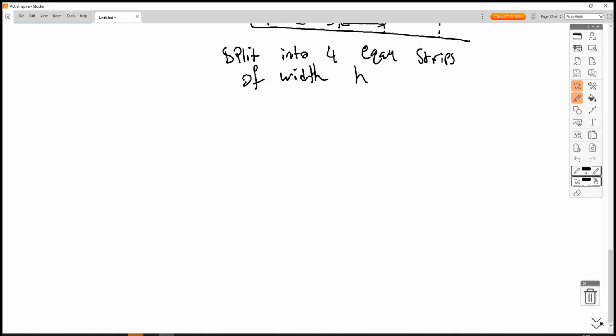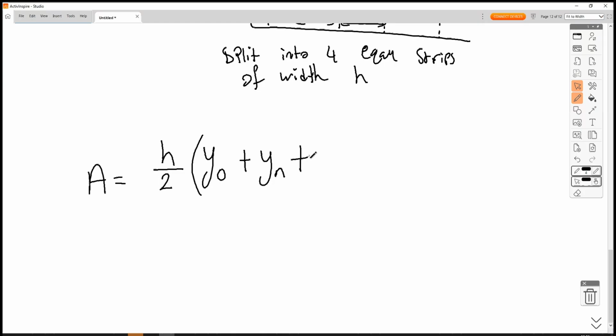And then we use the formula for the trapezium rule. So the area is equal to h over 2, so your width over 2, and you multiply that by y0 plus yn plus, then you have 2 lots of the sum of all the y's in between.